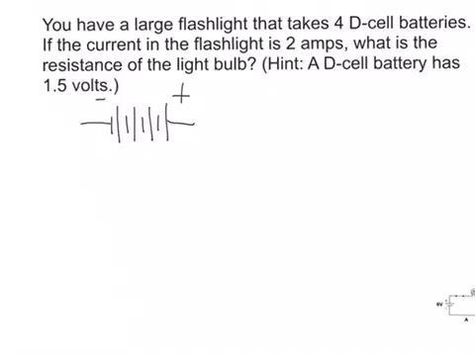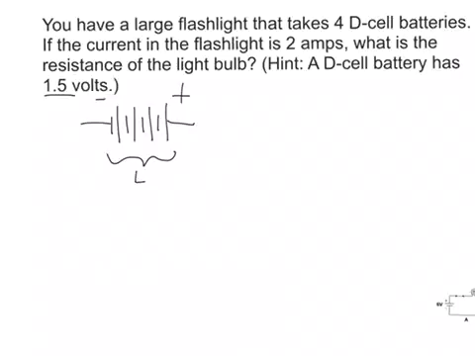We noticed that with light bulbs, with loads, and yes, it also applies to cells and batteries. So the missing piece, if you're having problems with this first part, is that if you have 4 D-cell batteries, each worth 1.5 volts, those voltages add up because they are connected in series. And that's what we have here.